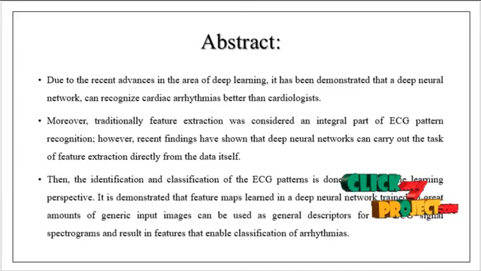It is demonstrated that feature maps in deep learning, trained using deep neural networks with input generated as a descriptor for the ECG signal spectrograms, result in features that enable the classification of the arrhythmias. After the classification, the performance will be evaluated based on the accuracy and the error rate. Hence the accuracy of the classification will be improved, improving the performance of the overall process.